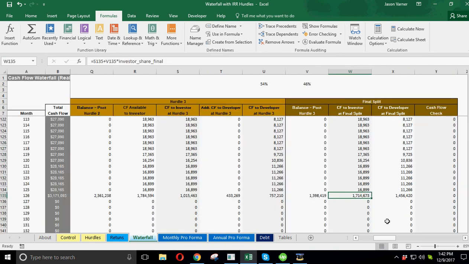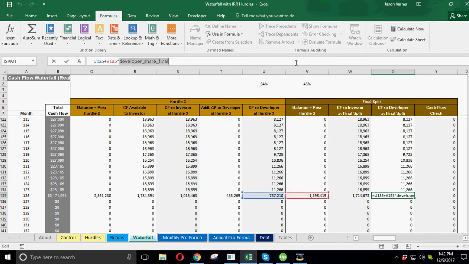So it's saying you've got 1,015,000 that's already been split, and then you've got 1,398 remaining, and we're going to split the rest of that by 50%. Let's just see, does that make sense?